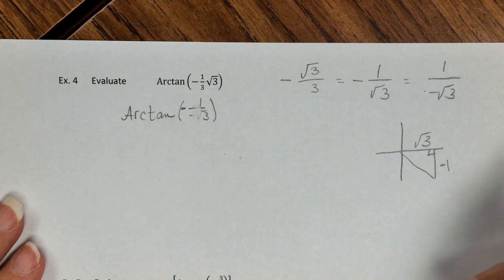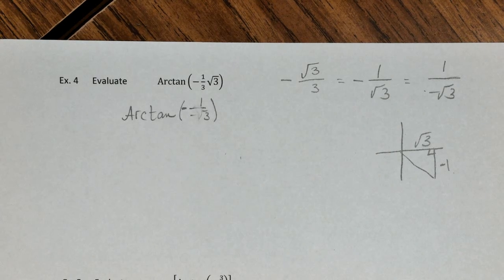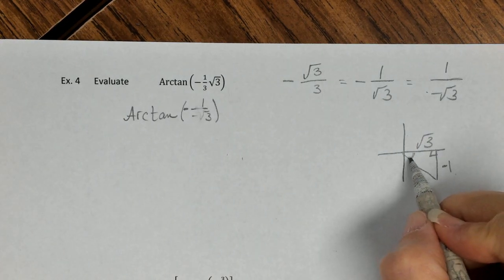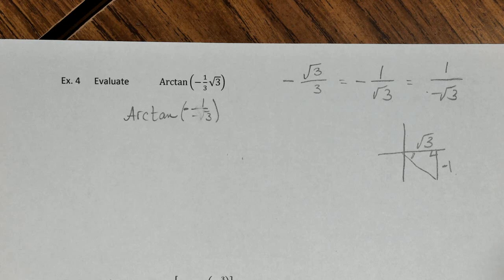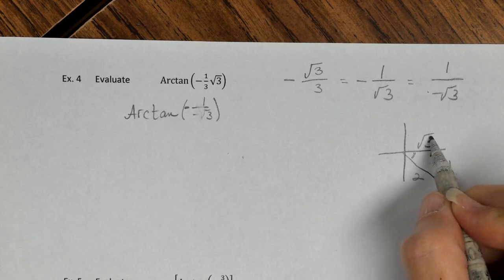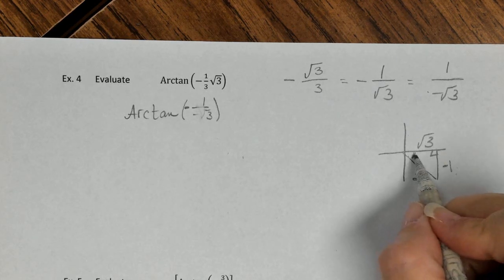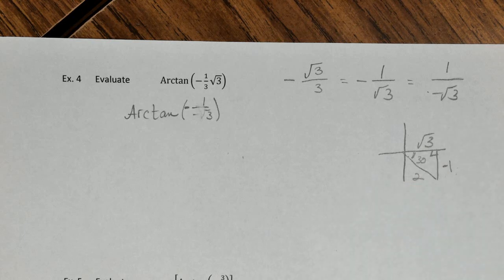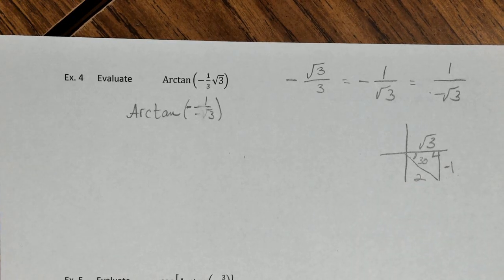Okay. All right. So, what angle is this? 1, 2, root 3, opposite the 1. Inside here is a 30. Now, for arctangent, our answer is supposed to be between negative 90 and 90 degrees.